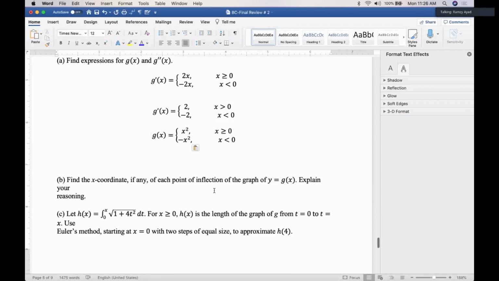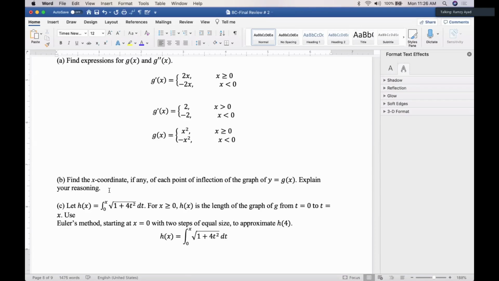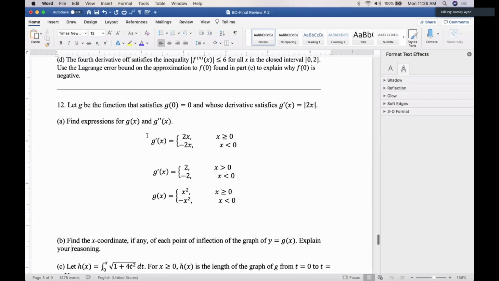Next. Part B says find the x coordinate, if any, of each point of inflection on the function. To get the point of inflection, don't you need to find a second derivative?